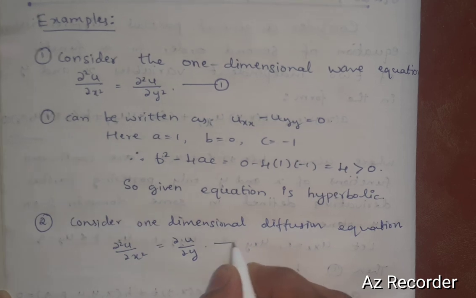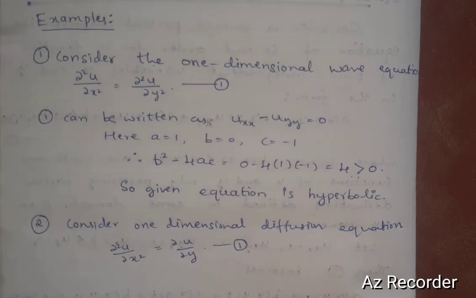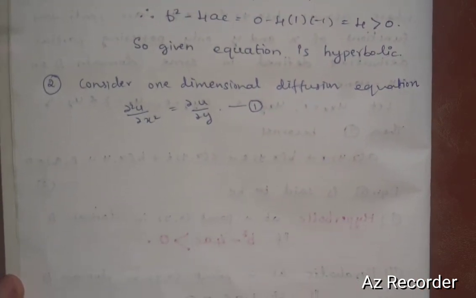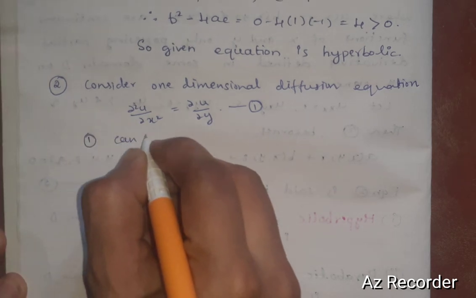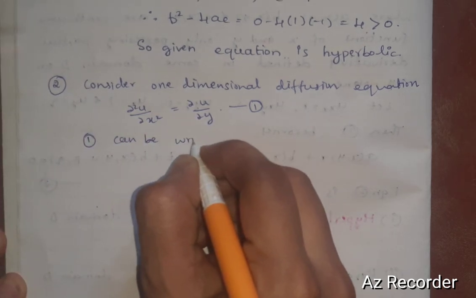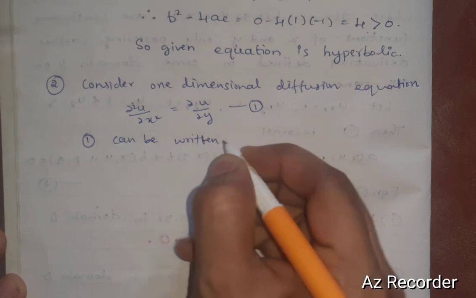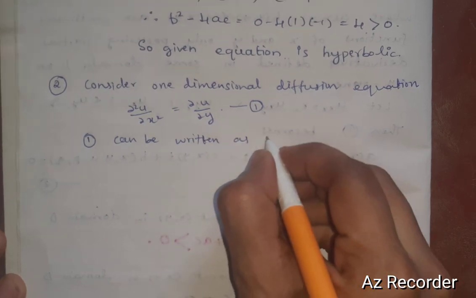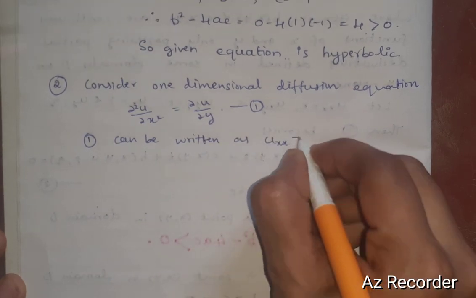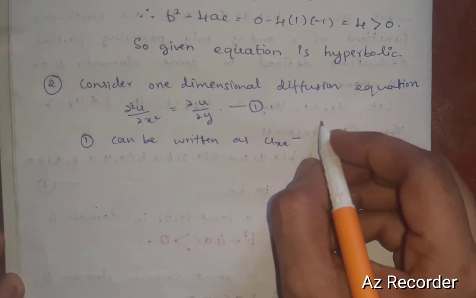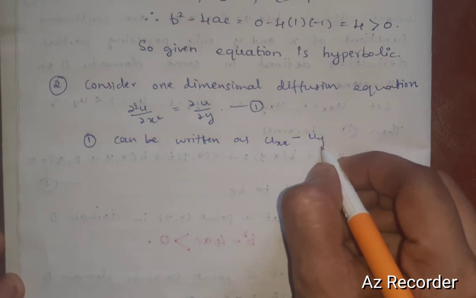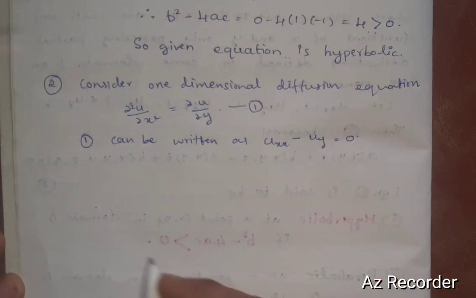So this equation can be written as uxx minus uy is equal to 0.